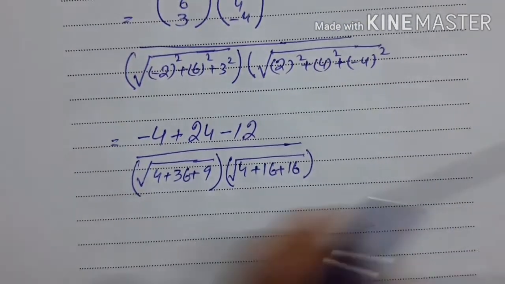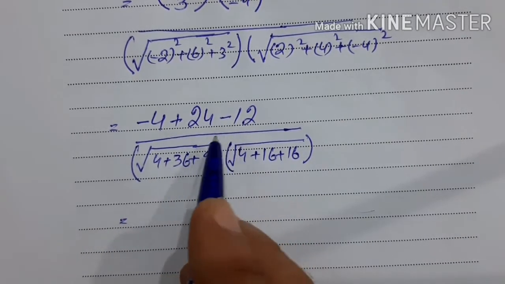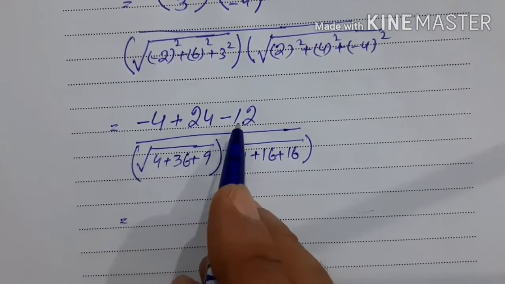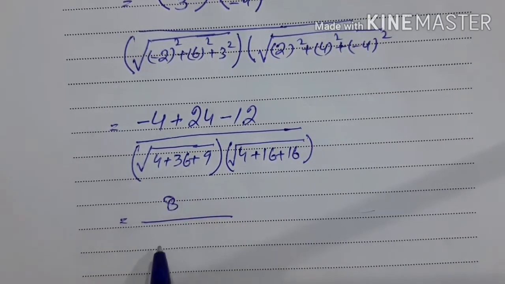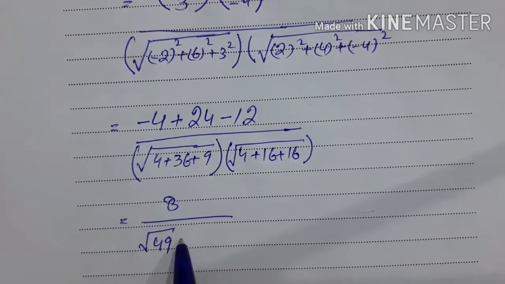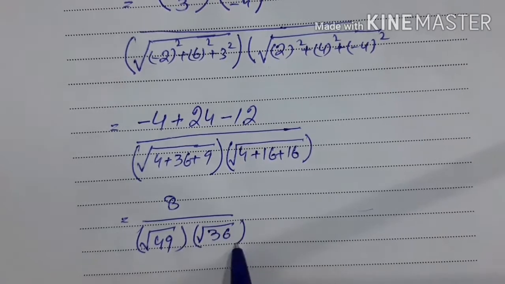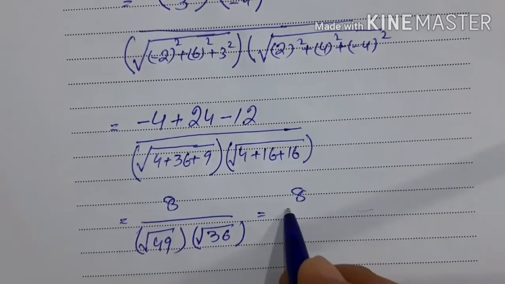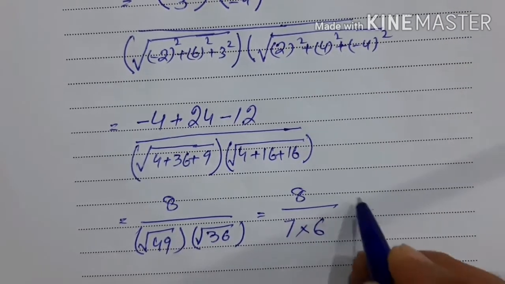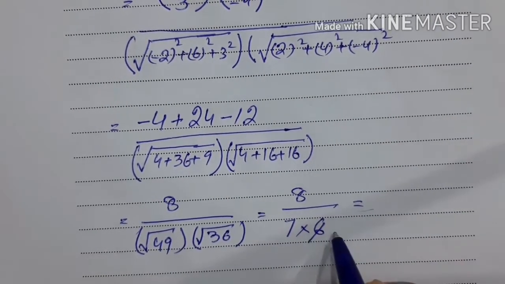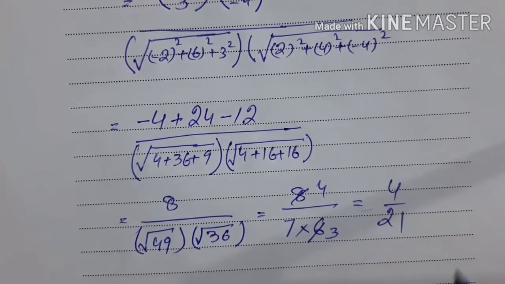So this will be equal to 4, 8 over 49 square root into 36 square root. 49 square root is 7, 36 square root is 6. So 2 3s are, 2 4s are, so 4 by 21.